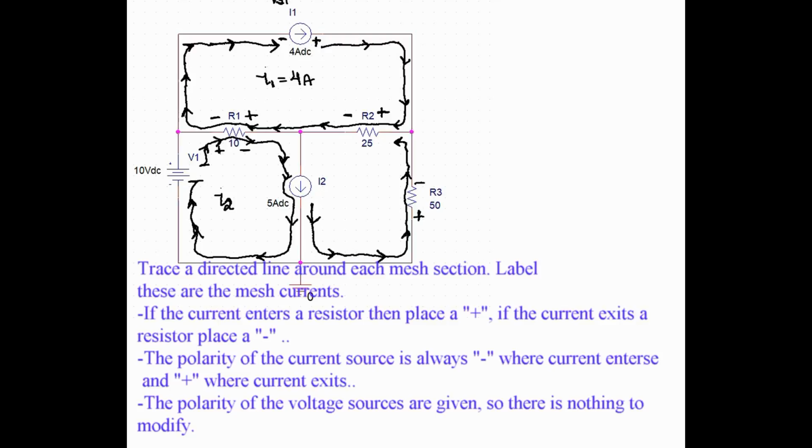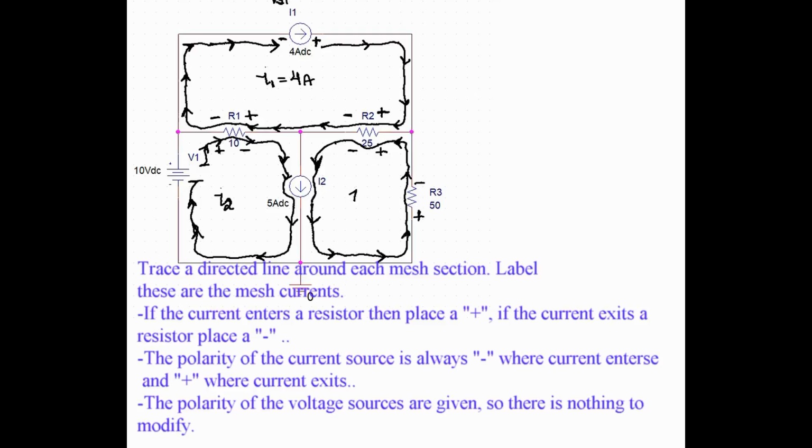As you'll see here with the mesh current 3, which I'm drawing now, it's going counterclockwise, and there will be two currents entering R2, which is going to be I1 and I2, and they'll both be in the same direction. So you're going to see that shortly as we go through these problems.